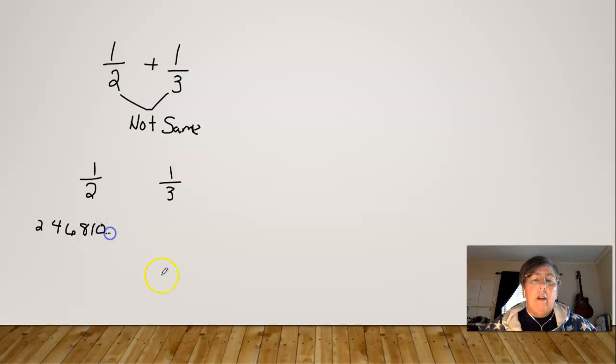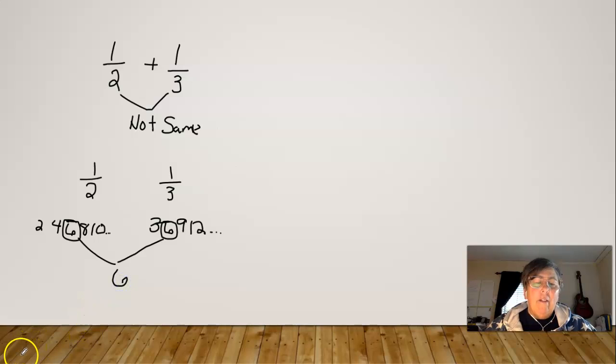Now let's list the multiples of 3: 3, 6, 9, 12, and we could keep going. But remember, we're looking for the smallest one they have in common. I know you guys are already seeing it. The smallest one that they have in common is 6. The 6 is the least common multiple.